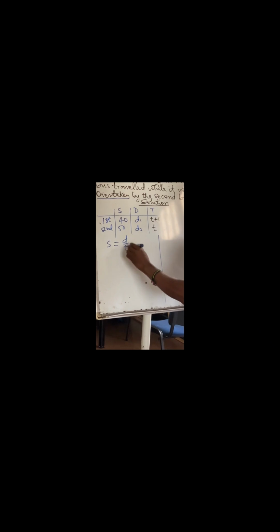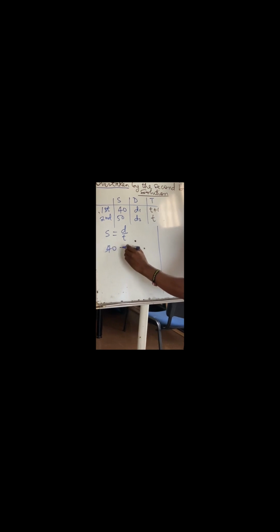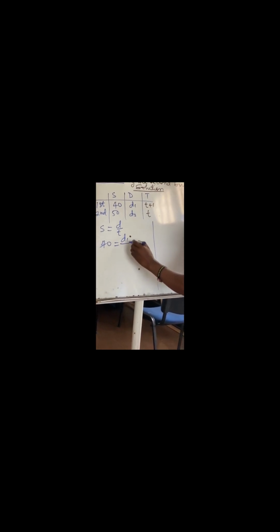So we generate our equation along this. First, we say speed equals distance over time. Here, the speed for the first bus is 40 equals his own distance, d1, over t plus 1.